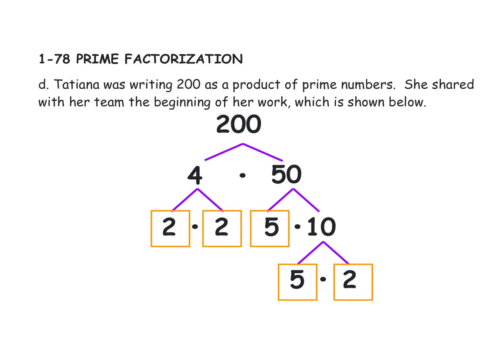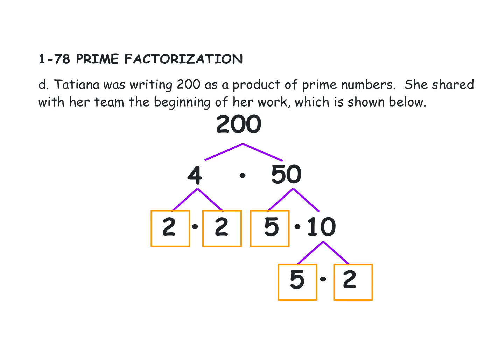Okay, so now, that list you're going to use when you're doing the prime factorization today, because we want to get our numbers all down to prime. So we need to know what is prime and what is not. So Tatiana was writing 200 as a product of prime numbers. She shared with her team the beginning of her work, which is shown below. So she started with the number 200, and then she broke it down to 4 times 50.